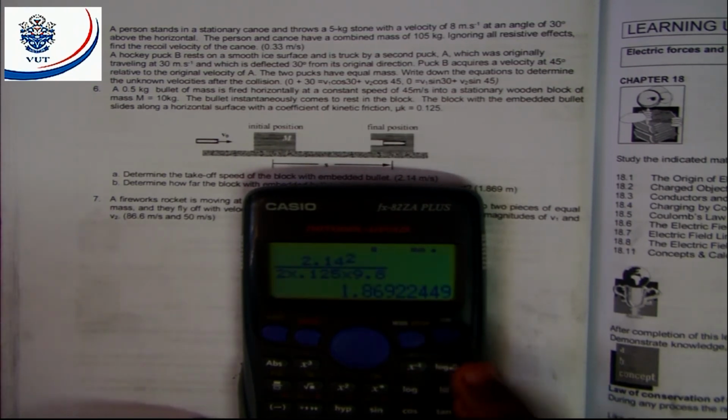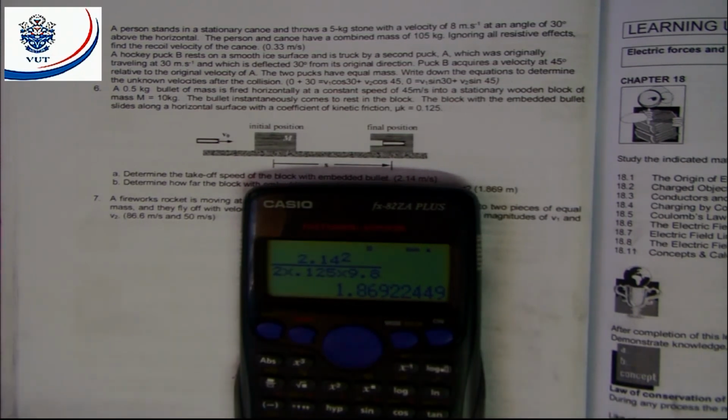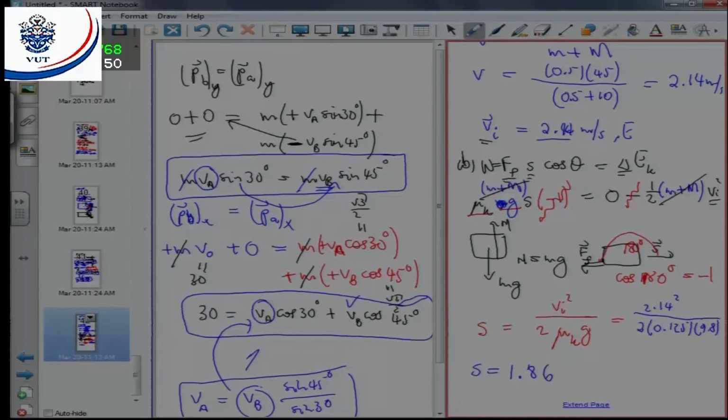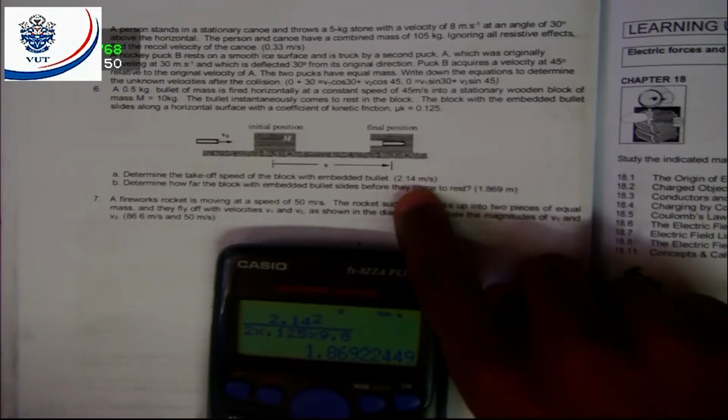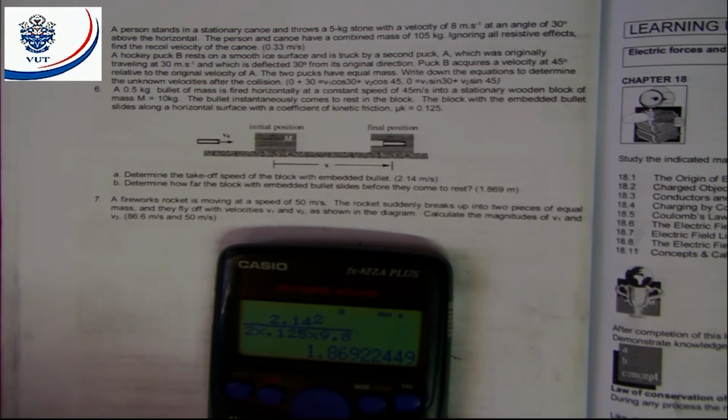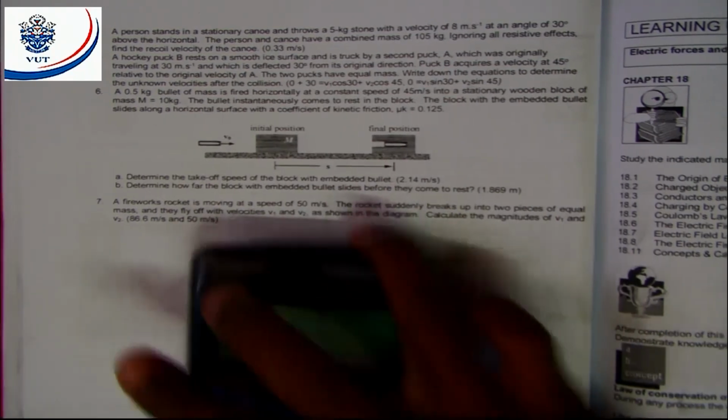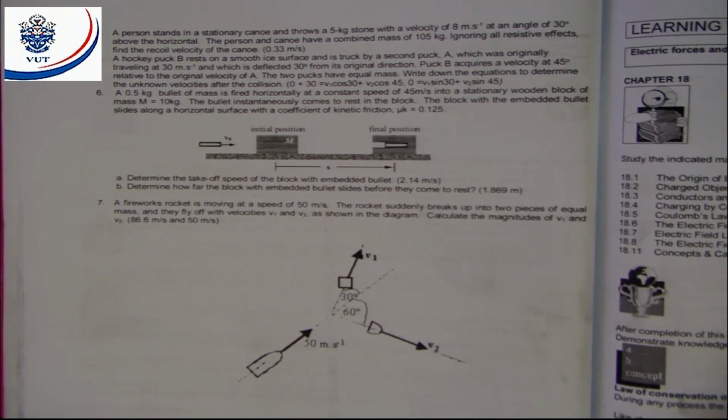If you multiply those out, you get 1.869 meters. So S is just 1.869 meters. That's the two solutions: the speed was 2.14 and S is 1.869 meters. That completes today's lesson.